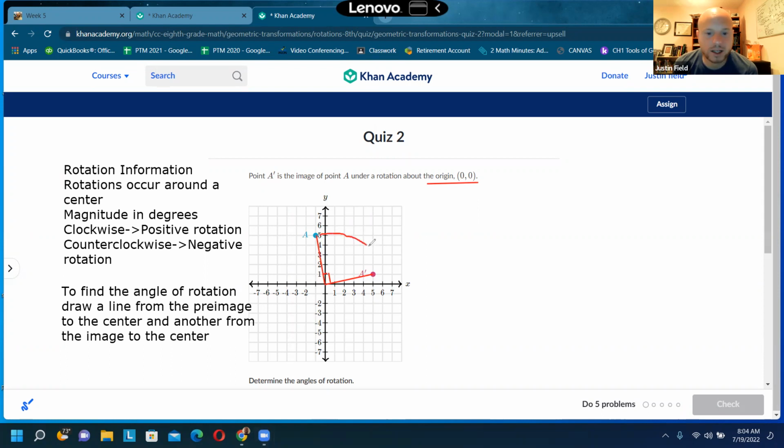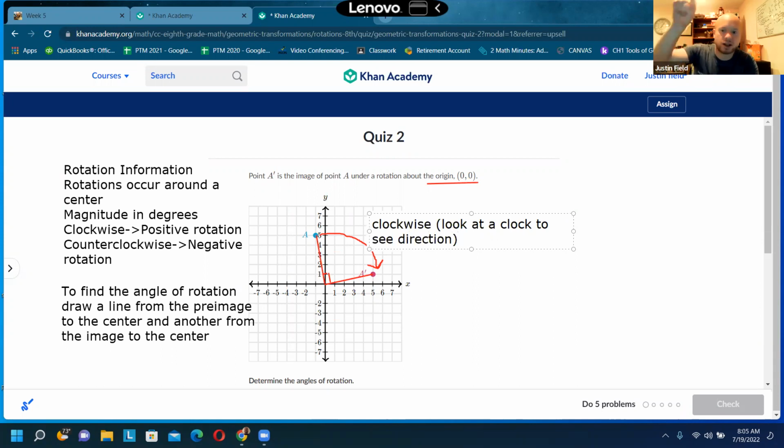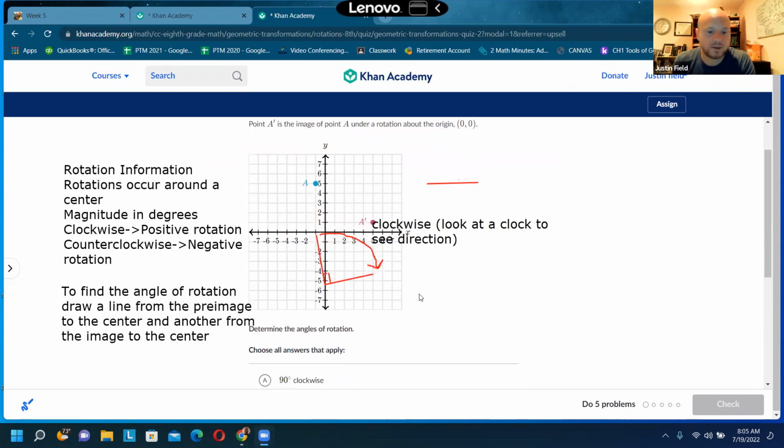We're going this way, which is that clockwise or counterclockwise? That is clockwise. Look at the clock. See direction. If you didn't know, clockwise goes around like this, and counterclockwise goes the other way. So that's -90 degrees.